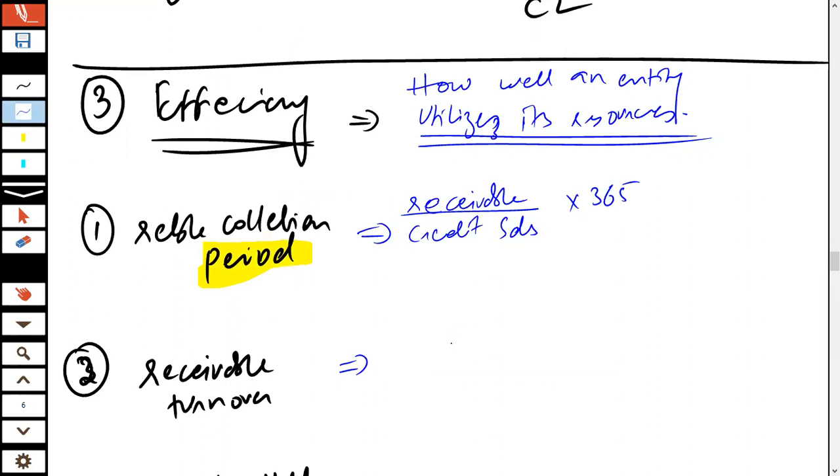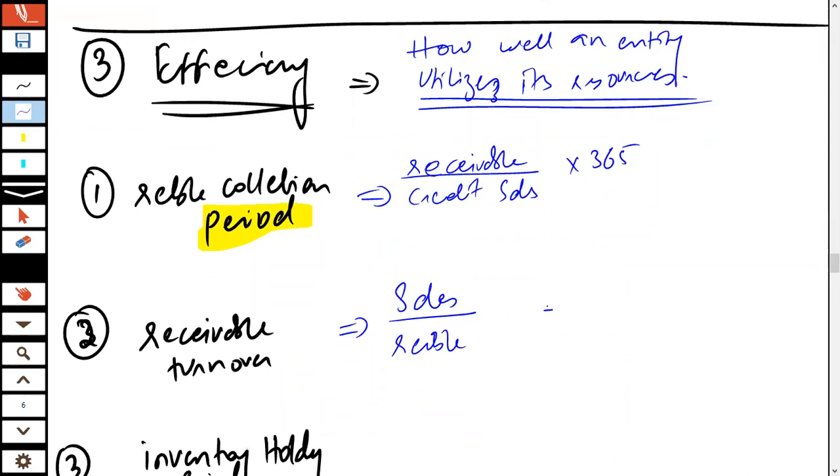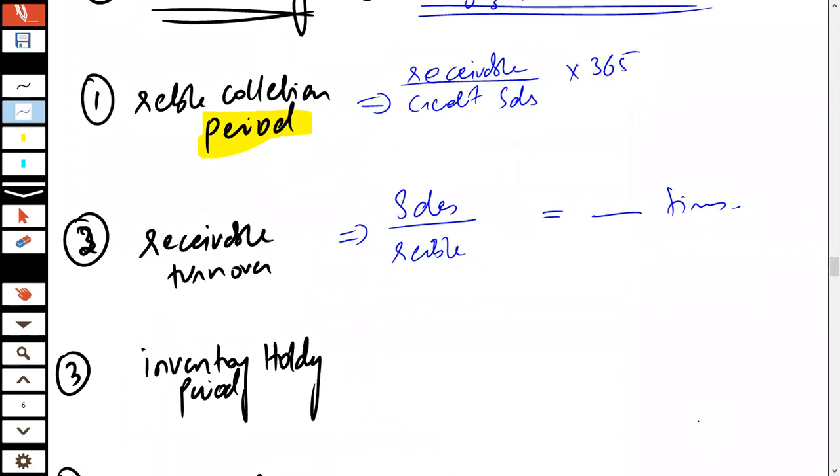But the receivable turnover is actually like this: sales upon receivable. So it's actually in terms of number of times. And you could say that it's calculated in an opposite manner as compared to the collection period.